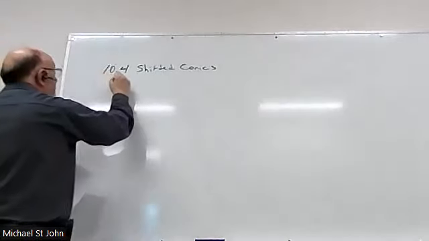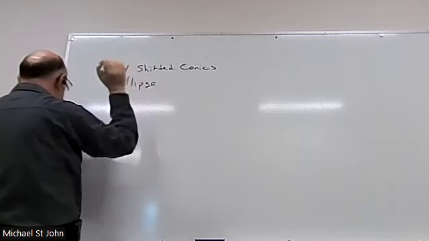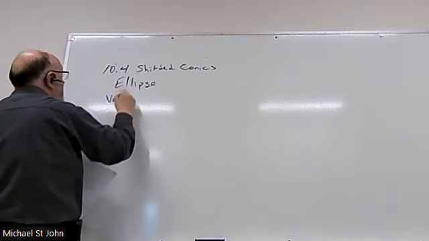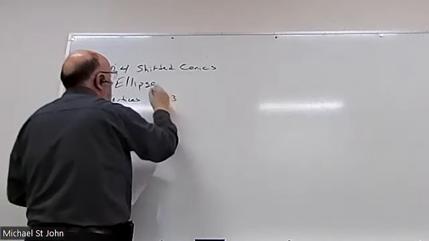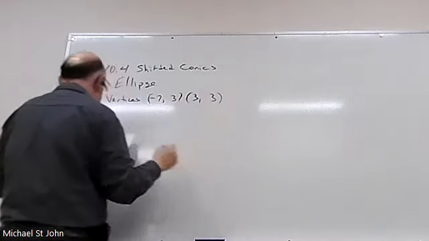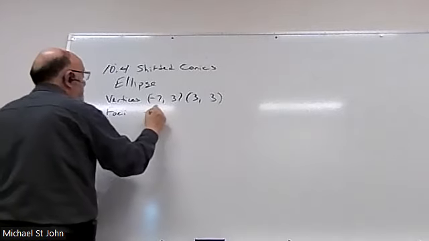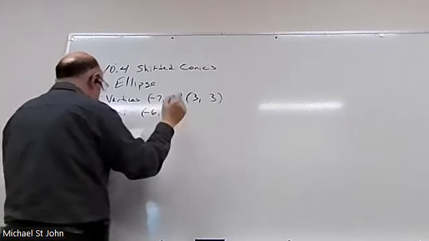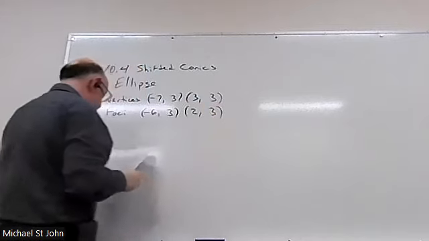In this case, we have an ellipse, and the given information is in terms of the vertices, which are (-7, 3) and (3, 3). The foci are (-6, 3) and (2, 3).